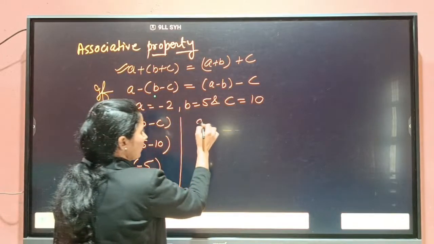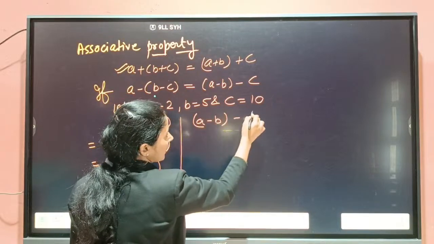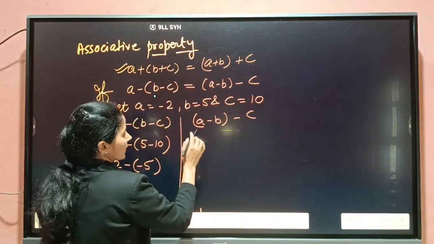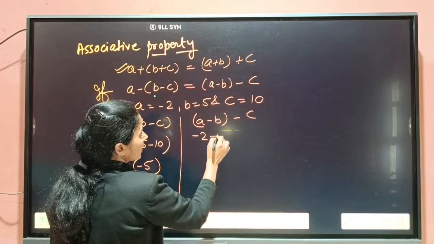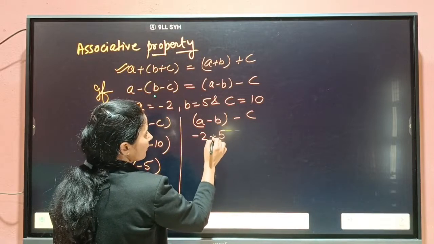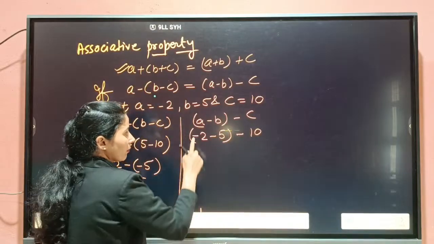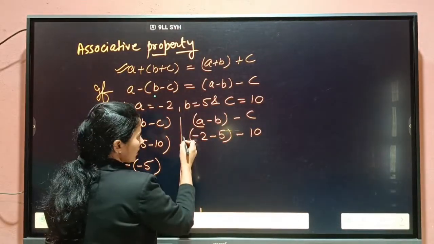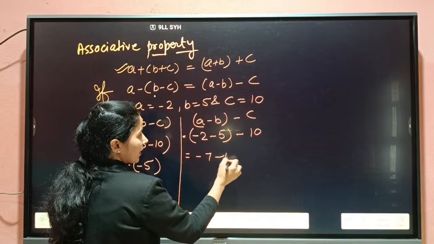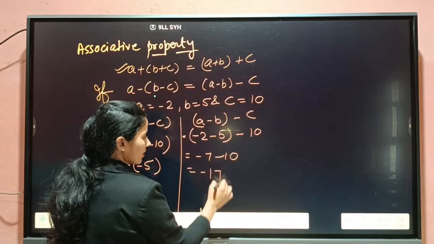Now (A minus B) and minus C. A is minus 2, B is 5, minus C is minus 10. Minus 2 minus 5, the answer is minus 7 and minus 10. So the answer is minus 17.